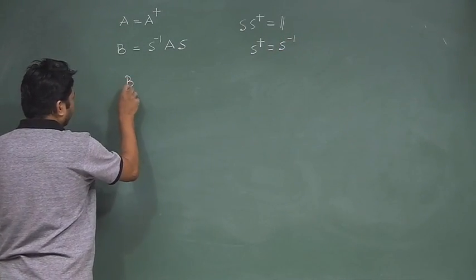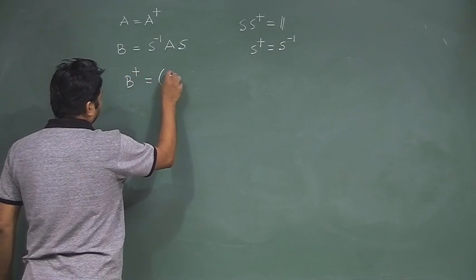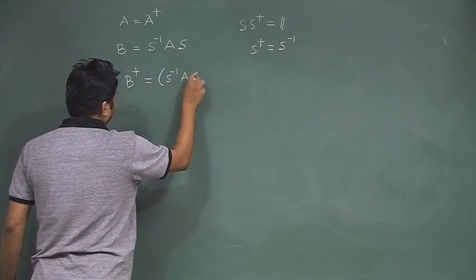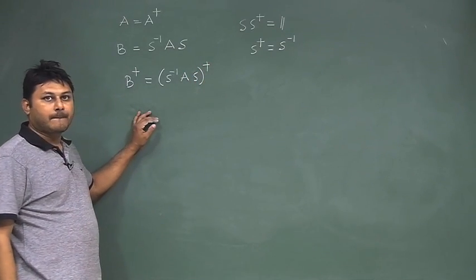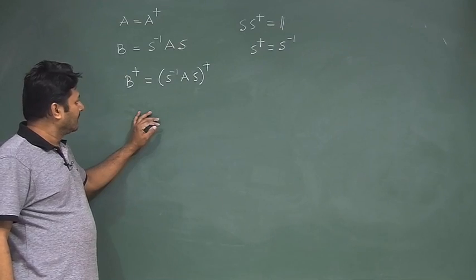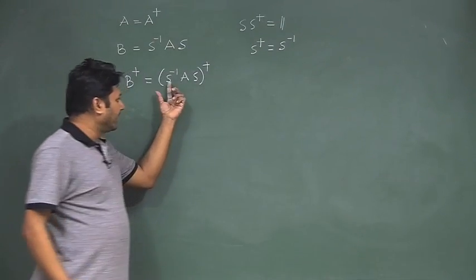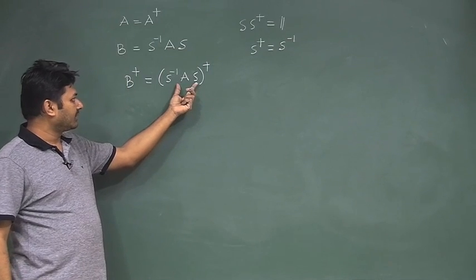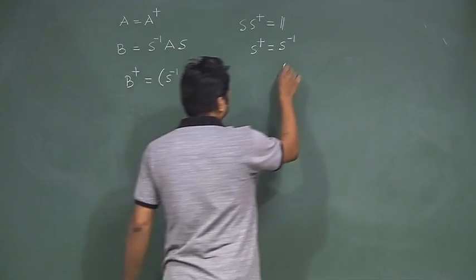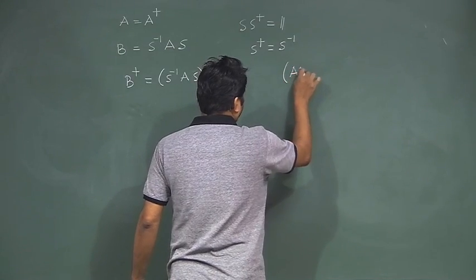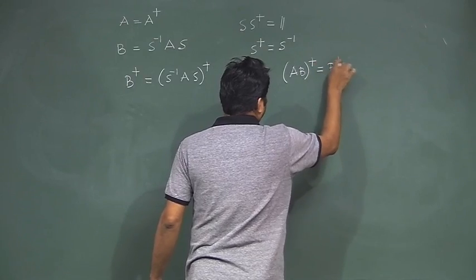So, B dagger is S inverse A S whole dagger. Now, I know that if two matrices are multiplied and then daggered, it is something like A B whole dagger is B dagger A dagger.